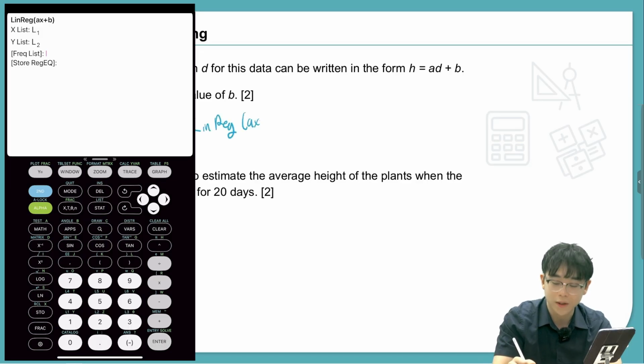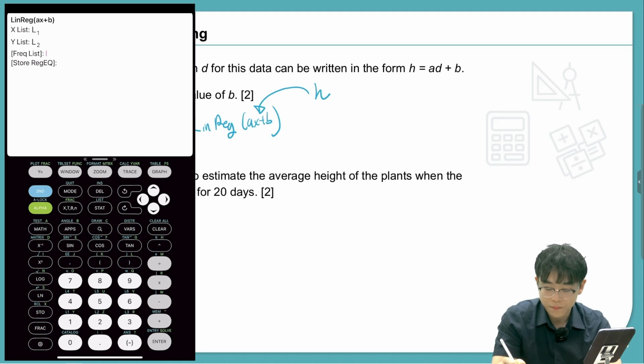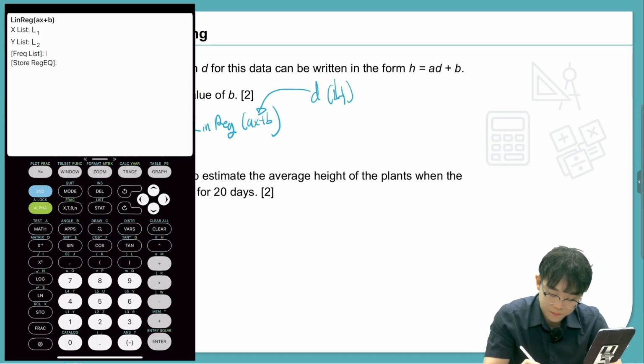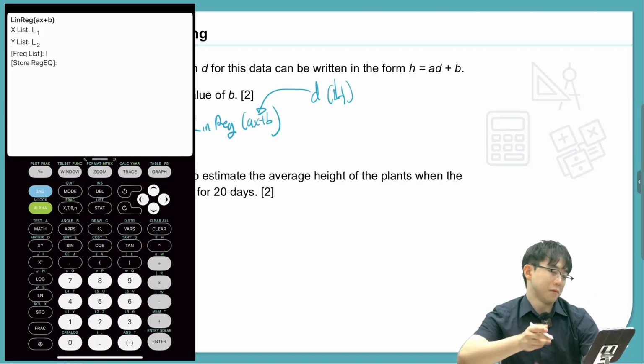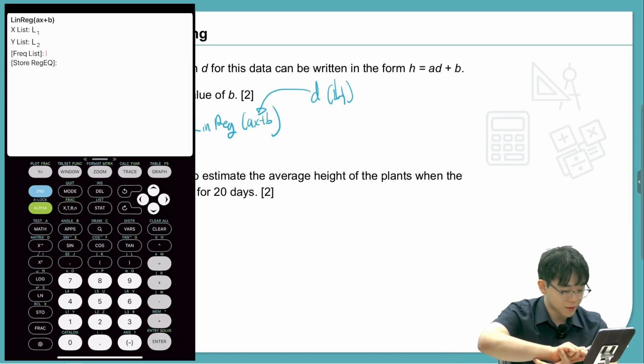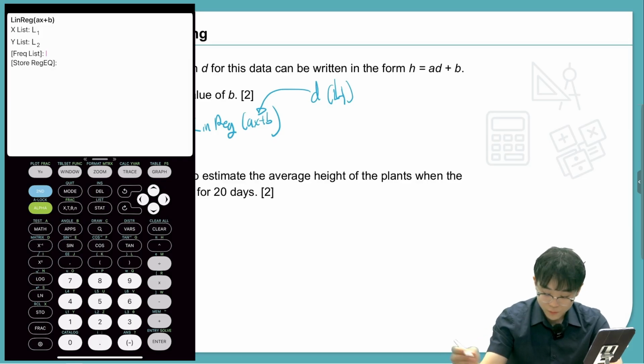Okay, so our D is going into our X data, right? And our Y is going to be H. So remember that this was L1 and L2. So by default, everyone should have X list is L1, Y list is L2, and all you have to do is just hit enter there, and we get our number.